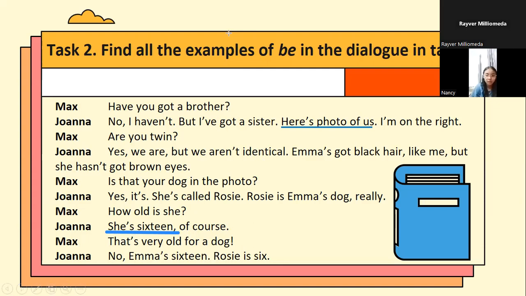She's called Rosie. What else? Okay. There are others also.